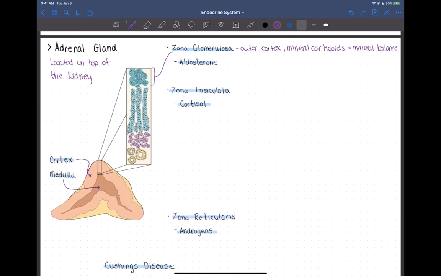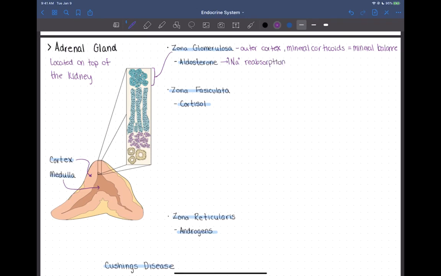Okay, but aldosterone is released by this outer layer of the adrenal cortex, and it is going to be involved in regulating the balance of two important minerals, which are sodium and potassium. It is going to increase sodium reabsorption.